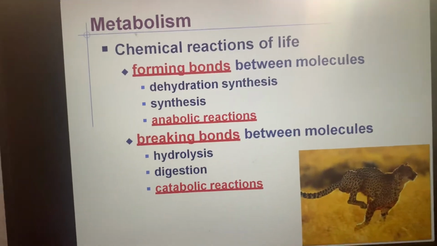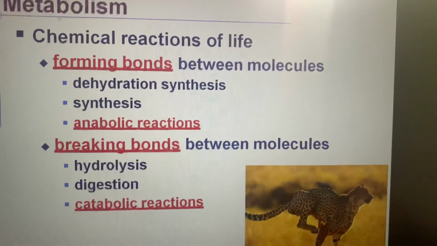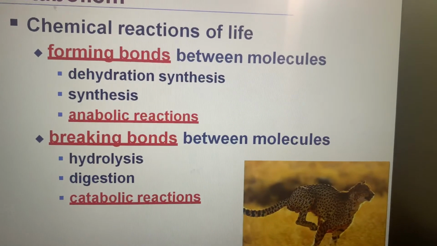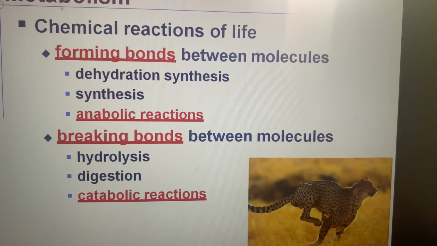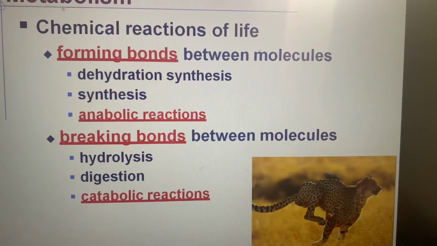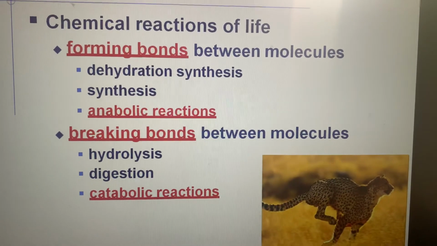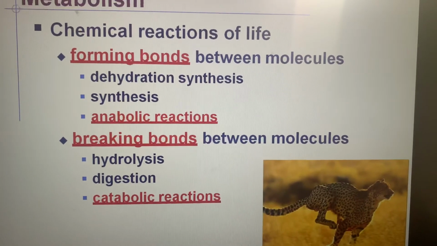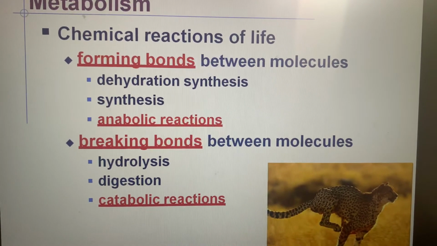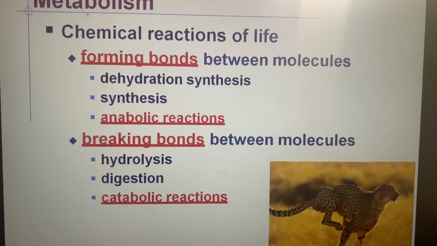Dehydration means water is removed and two organic molecules join together to produce a larger molecule. These are a type of anabolic reactions. Breaking bonds between molecules happens through hydrolysis, which is the digestion process in which larger molecules get converted into smaller molecules, and this is an example of catabolic reactions.